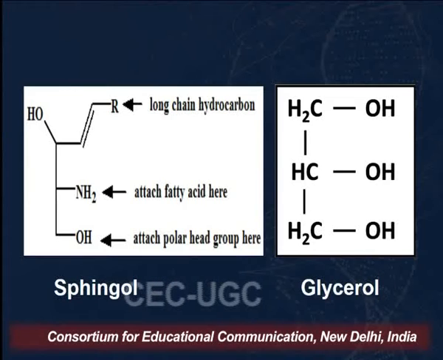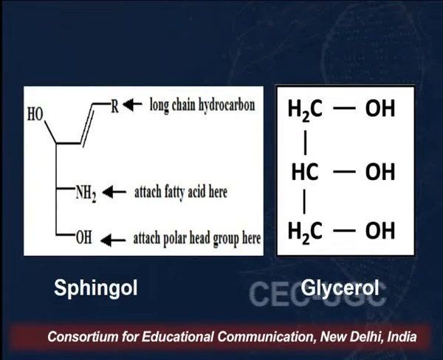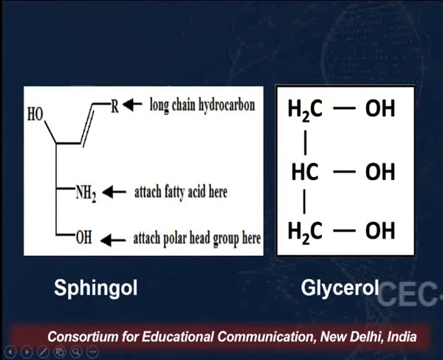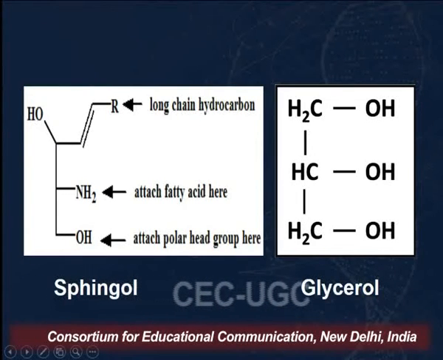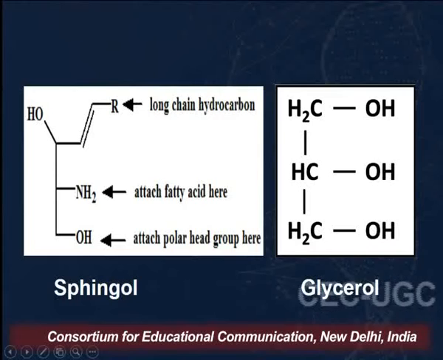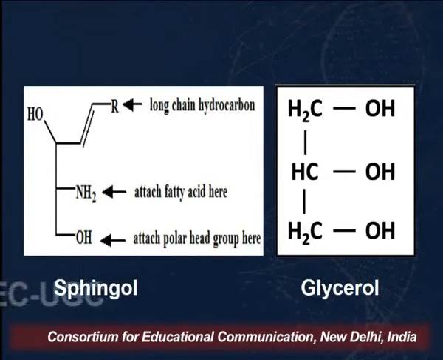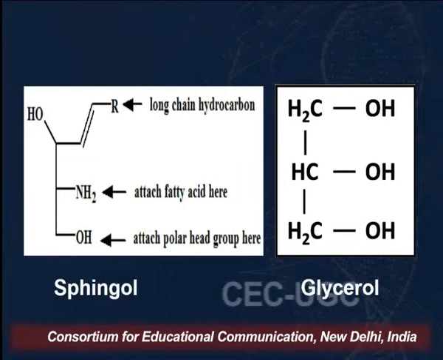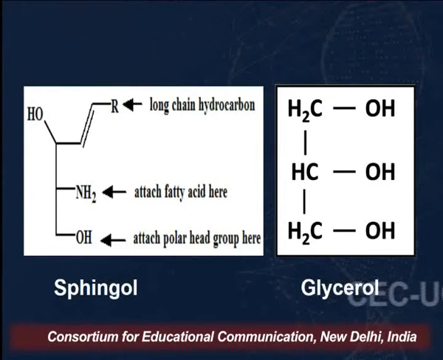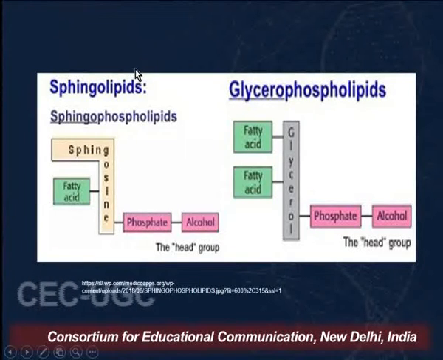Whereas when we talk of sphingol, the first hydroxyl group, which we take from the bottom, and the amino group on the second carbon, these two groups are biologically active. That is, they'll take part in a reaction, that is, a bond formation will take place here. Whereas the third OH is not biologically important, that is, it does not take part in the reaction.